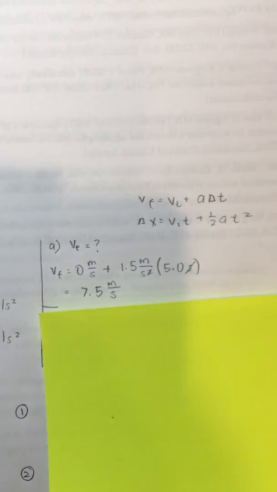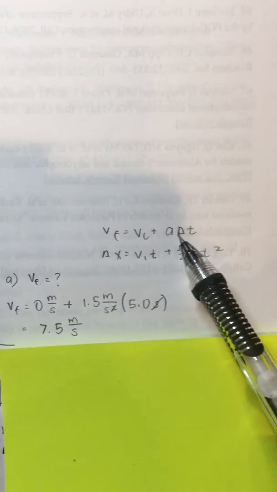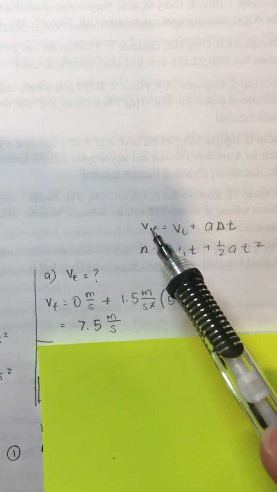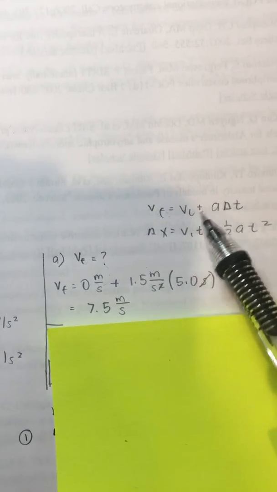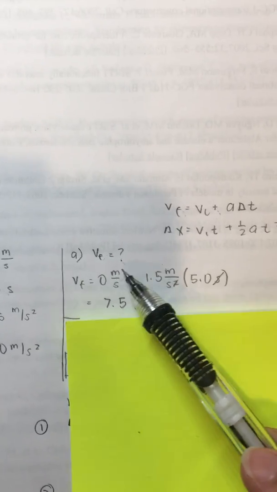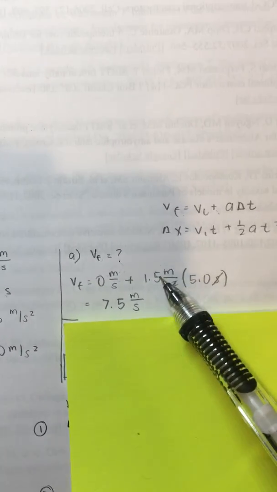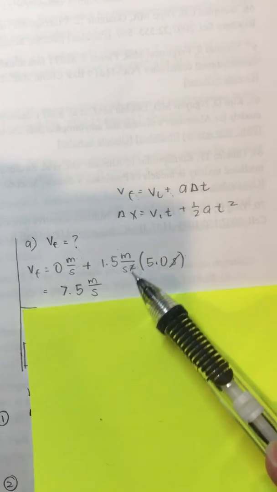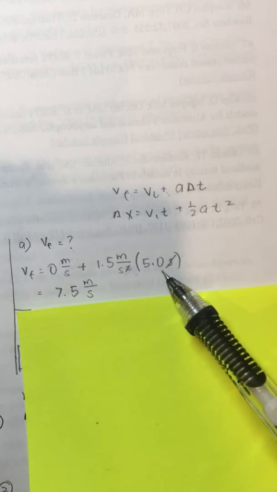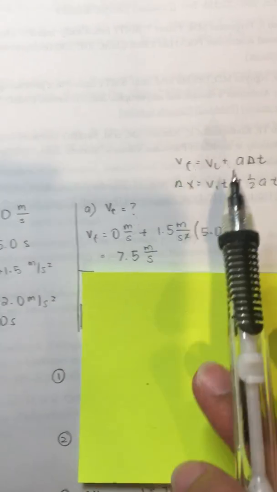pressing the brake. So we use the first equation to find the final velocity, and we plug the numbers in. So we get 0 meters per second plus 1.5 meters per second squared times 5 seconds, and the square becomes 1, the exponent becomes 1, and this one crosses out to get 7.5 meters per second.